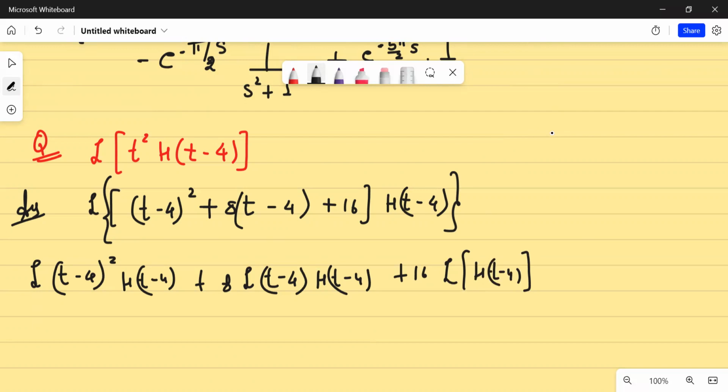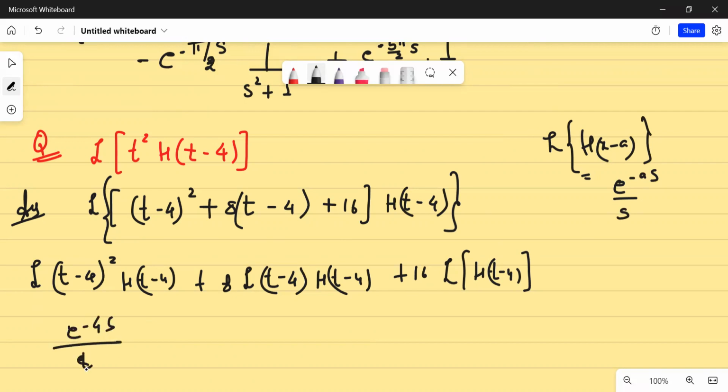And remember, what is the Laplace transform of h of t minus a? It is equal to e to the power minus as divided by simply s. So this Laplace transform is e to the power minus 4s divided by s cube, and there should be a 2 here, right? The Laplace transform of t square is 2 factorial upon s cube.